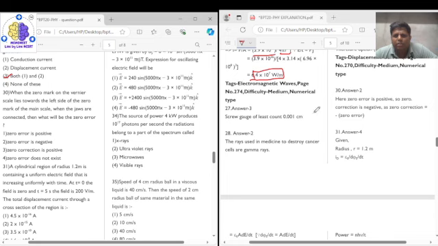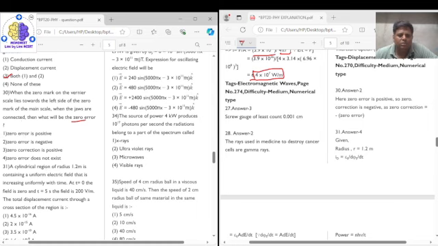Wait a minute, here the zero error is positive or zero correction is negative. So as zero correction is equals to negative of zero error, they are asking you the zero error. So zero error is positive.